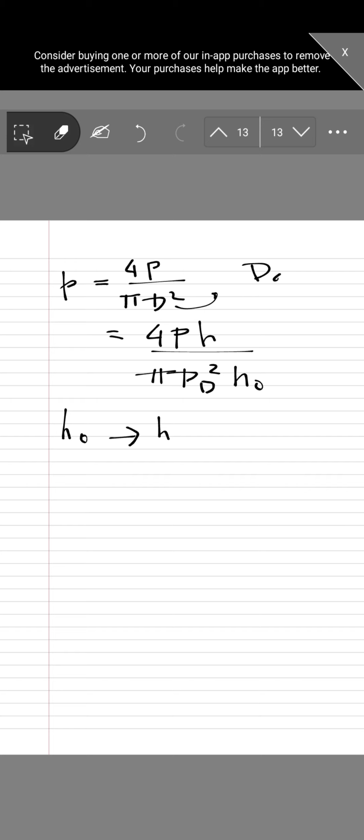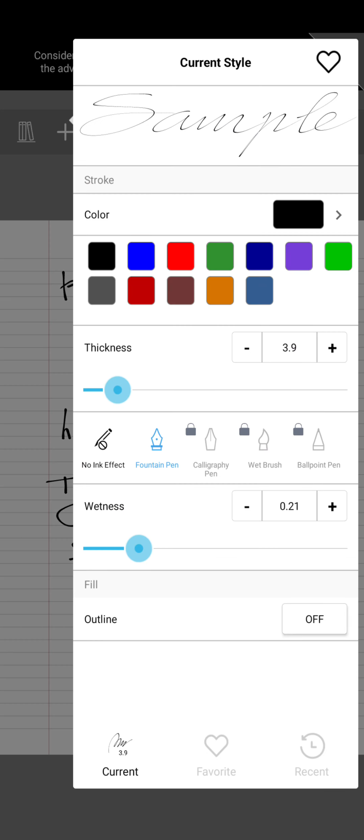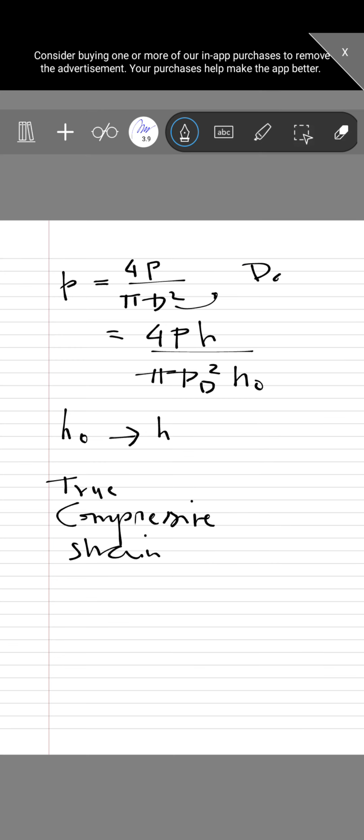So the true compressive strain epsilon C is equal to natural log of the change in dimension, that is h0 by h.